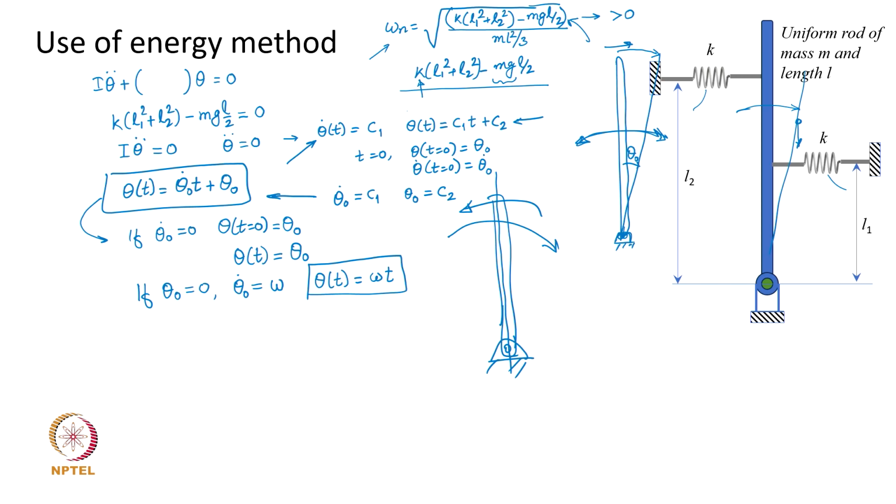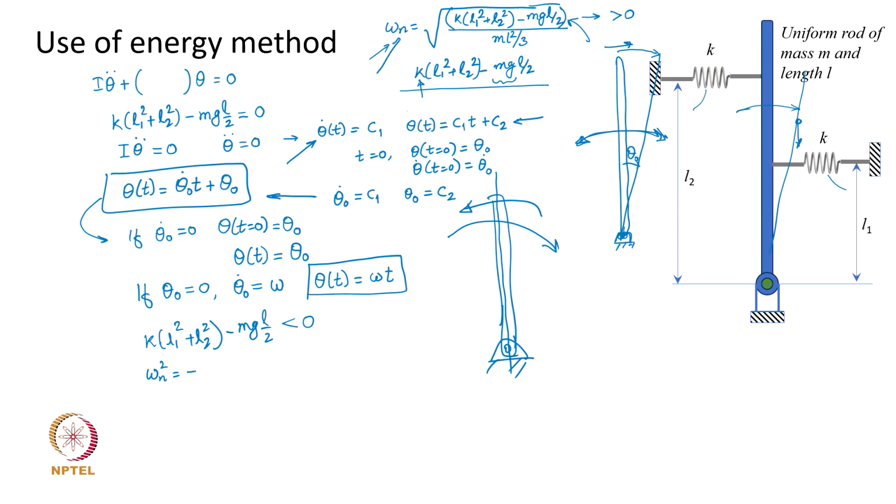Let us take another, the third case now, wherein k(L1 square plus L2 square) minus mgL by 2 is less than 0, which actually means that the numerator goes negative. So, in this case the squared natural frequency is a negative quantity.